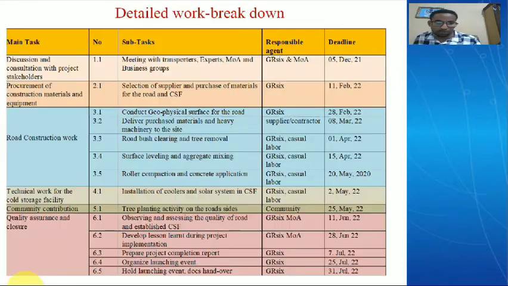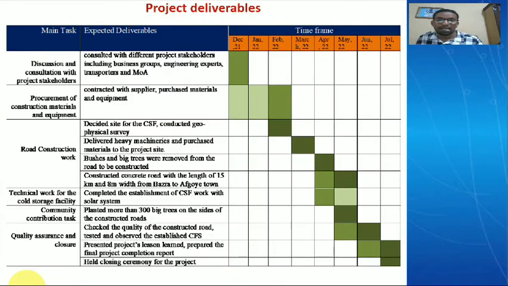So here is the more detailed work plan structure. You can see the main activities here, and the sub activities here. You can see who is responsible for each activity, and the deadline of each activity from December to July. So here we have the time frame or project deliveries.